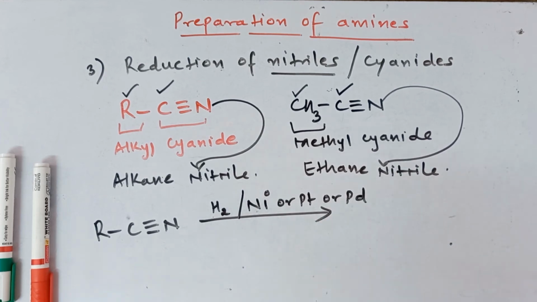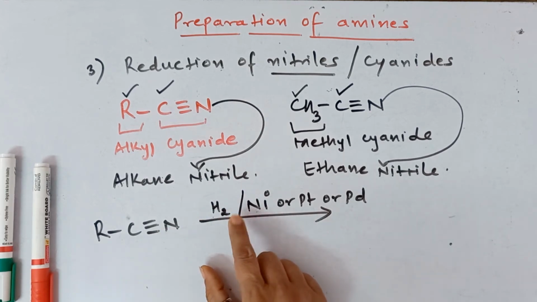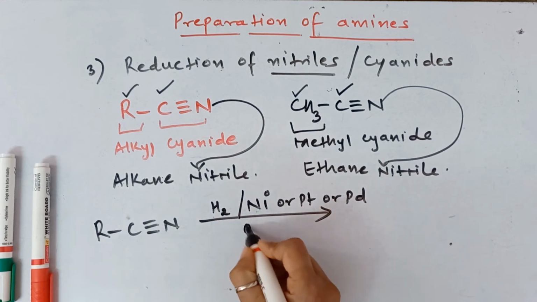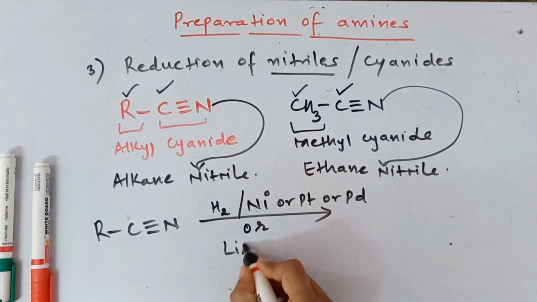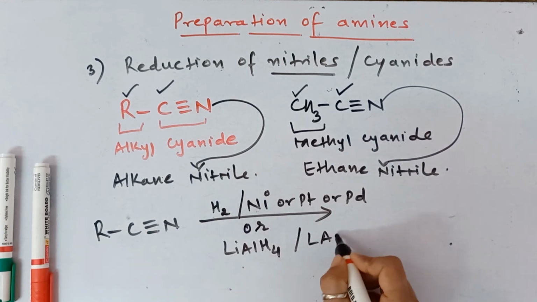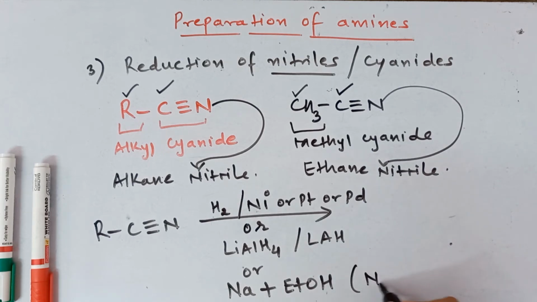In all the reactions of organic chemistry, if you want to reduce, you can use this reagent. Apart from this, we can also have lithium aluminium hydride, also written as LAH, or sodium metal plus ethanol, which can be written as EtOH. What is the meaning of EtOH? It means C2H5OH. Or sometimes in the textbook you would find sodium amalgam plus ethanol.